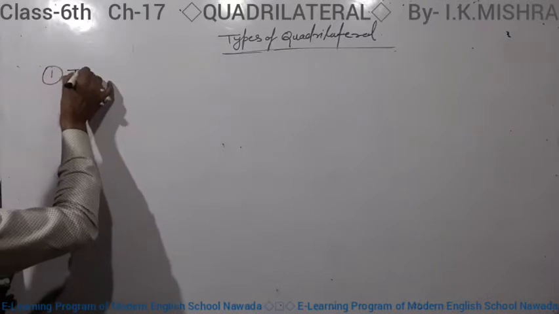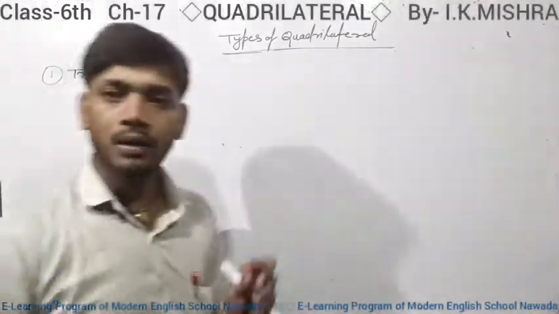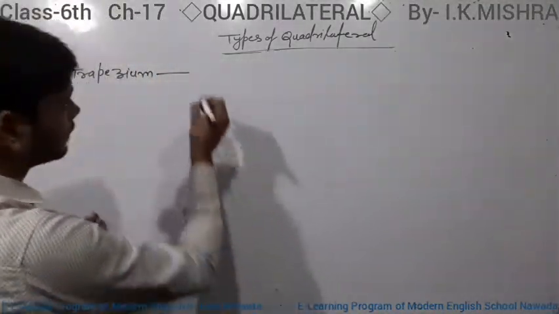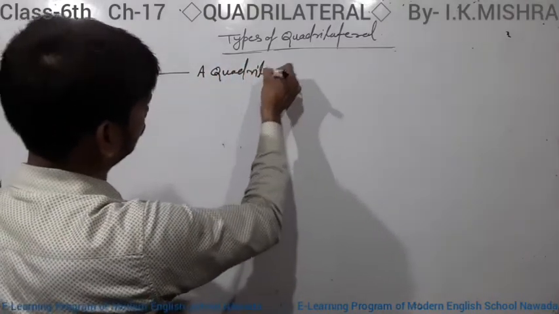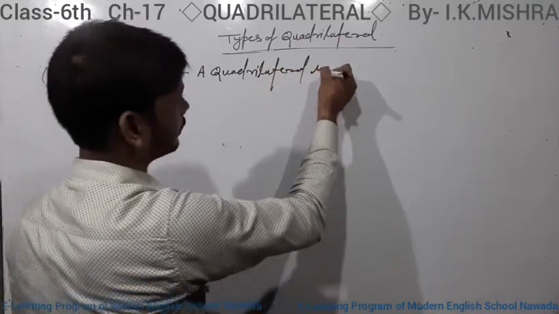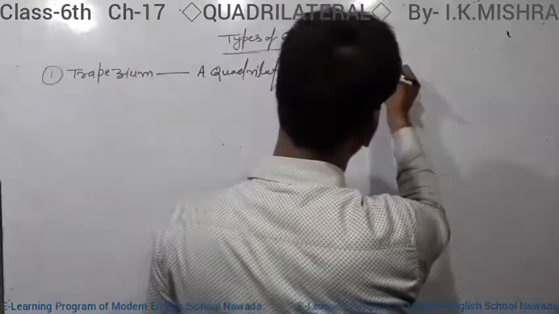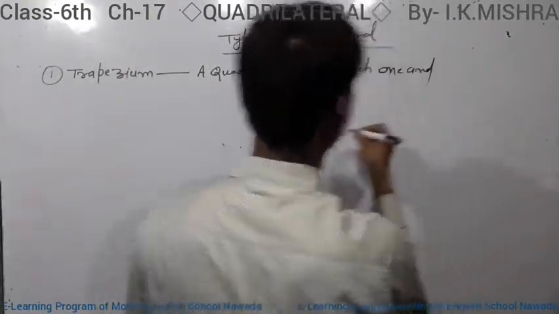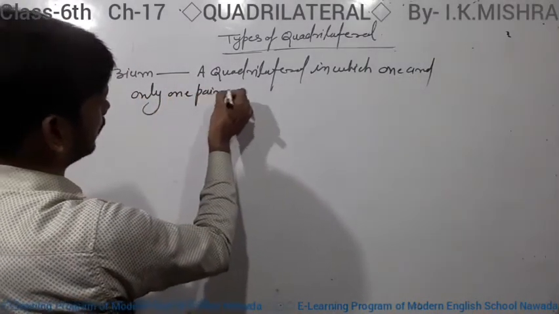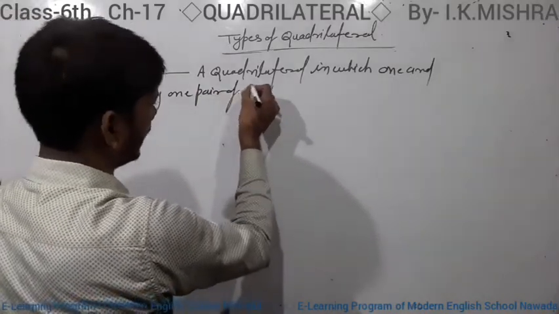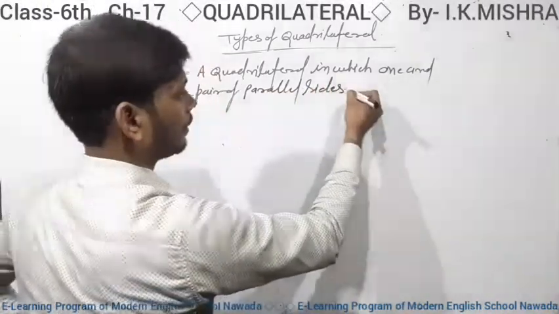First, trapezium. A trapezium is a quadrilateral in which one and only one pair of parallel sides is present.